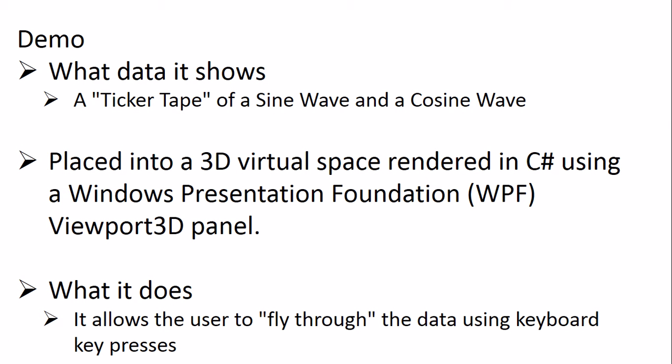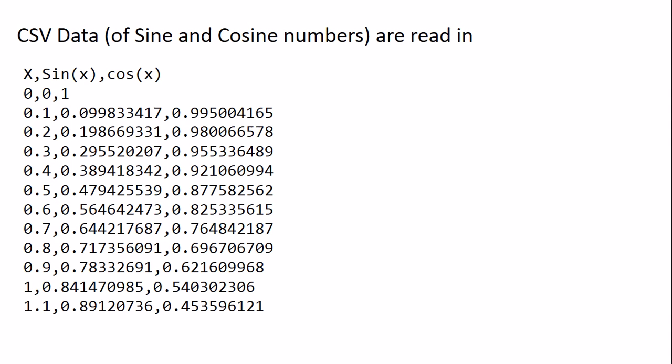Now, before I run the demo, I want to explain to you what you will be seeing. The code loads data from a text file. In this case, it is a CSV file, and it interprets the leftmost column as the time value, and the other columns are interpreted as Y values.